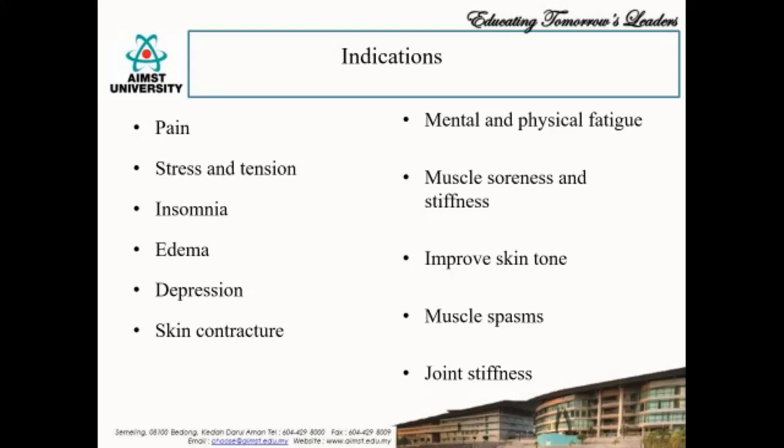So maybe if you fall down, you will have a scar, and that particular scar will be there for a very long time. And there are many types of scar. Okay, so this is called your skin contracture. So when you want to avoid this kind of skin contracture or scar tissue, then you can do massage that will help you to reduce the skin contracture.